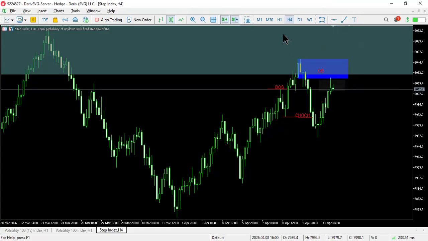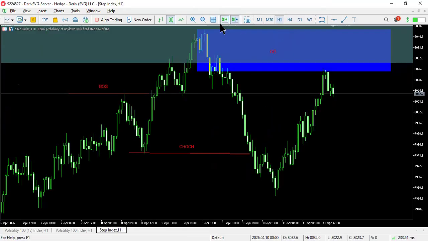Going over to our entry time frame, which is the 1 hour, we can adjust our break of structure properly to the 1 hour break of structure. So that was the last break of structure to the upside before price stepped into our supply zone, and then the change of character happened at this level where the buyers could not maintain structure.